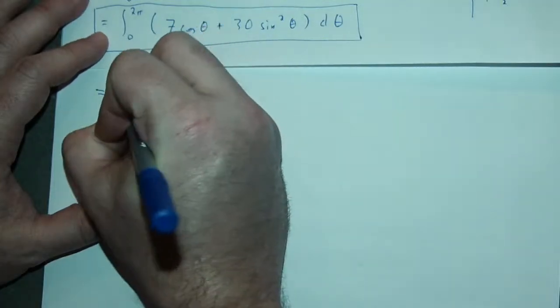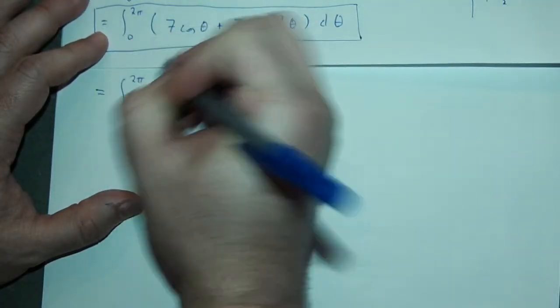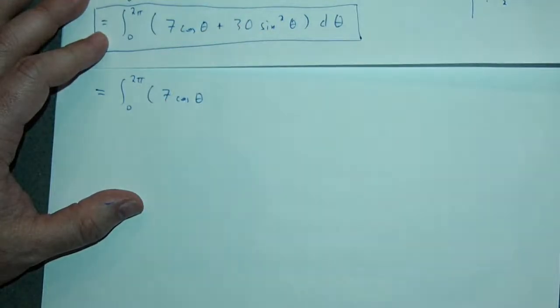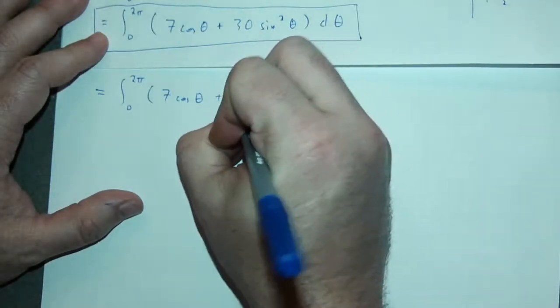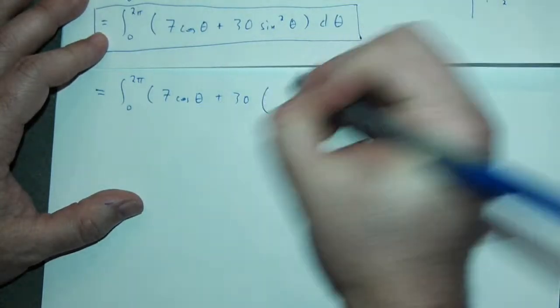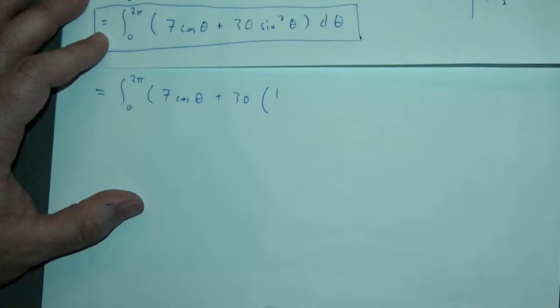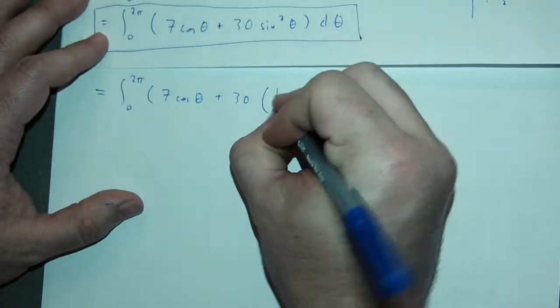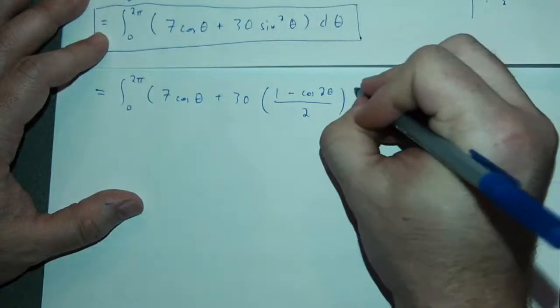So this is the integral from 0 to 2 pi of 7 cosine theta. That's perfectly easy to integrate. Plus 30 times, I'm going to use the power reduction formula for sine. So this is 30 times (1 minus cosine of 2 theta) over 2 d theta.